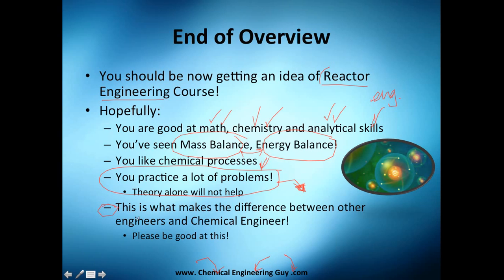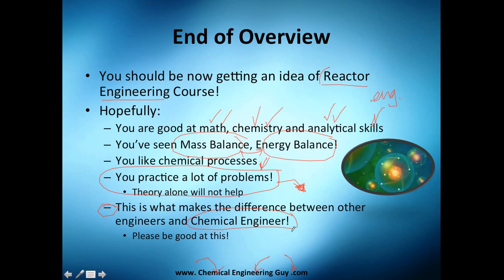One very important thing I want to remind you, this is what makes the difference between all the other engineers and chemical engineers. As I told you, if you're a process engineer or an industrial engineer or a mechanical engineer, this course is the only thing that actually separates us from those engineerings.